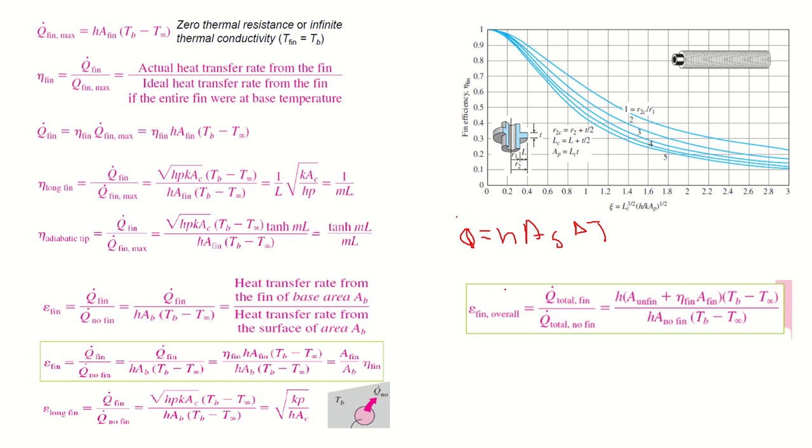For that we also need to find the effectiveness, this whole thing, which is this one into root of h multiplied by k times t. So we are finding out the effectiveness.